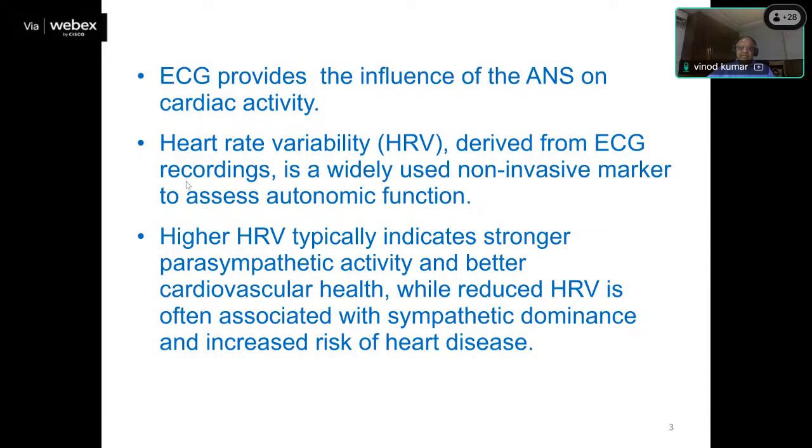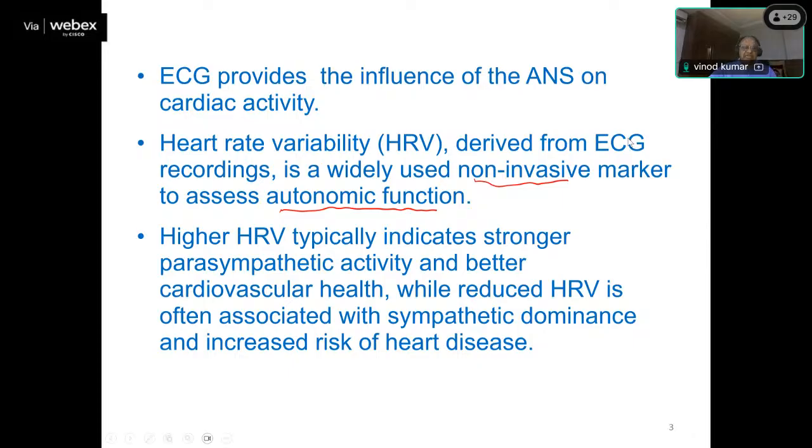And in the case of ECG, heart rate variability, which is derived from ECG, is widely used as a non-invasive marker to assess autonomic function. That means to understand the autonomic function, if there is any abnormal function or misbehavior, a non-invasive technique is very useful.